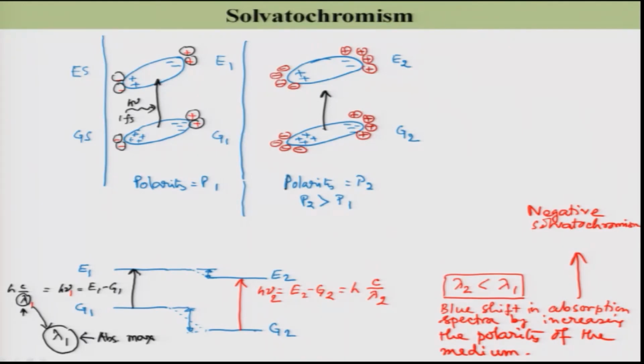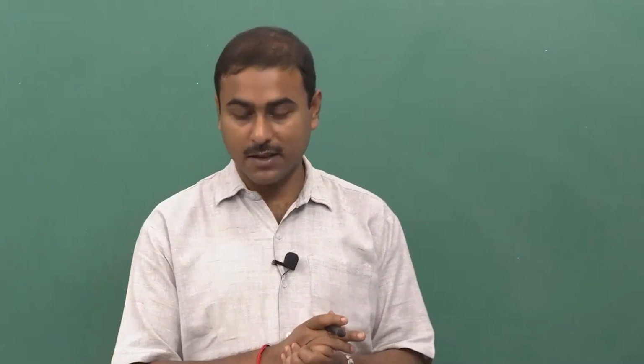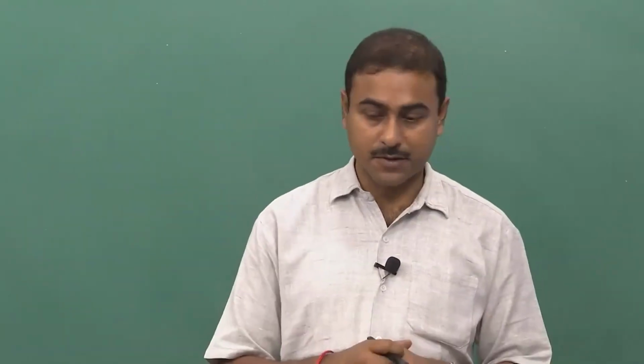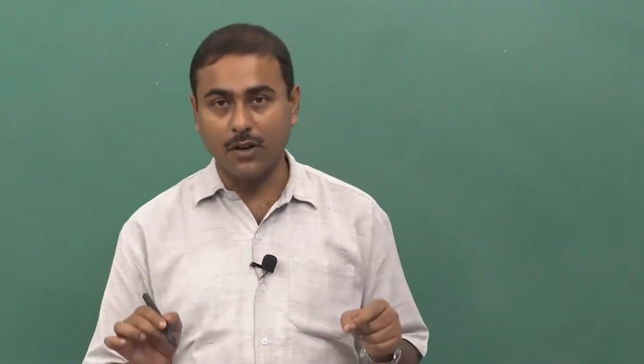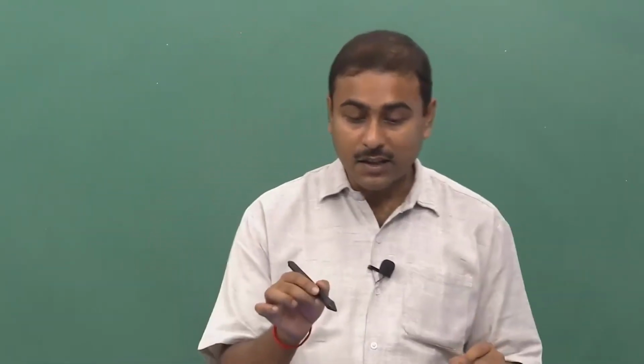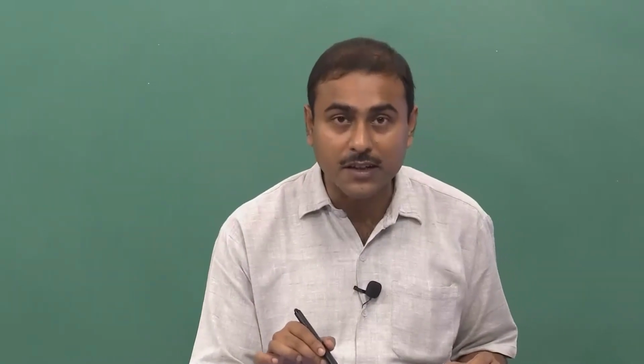So, what we have seen here is that the absorption maximum is shifted to higher energy, shorter wavelength, and that is the negative solvatochromism. This is because the ground state dipole moment is more than the excited state dipole moment.